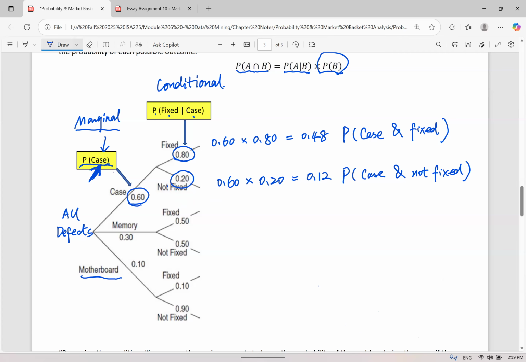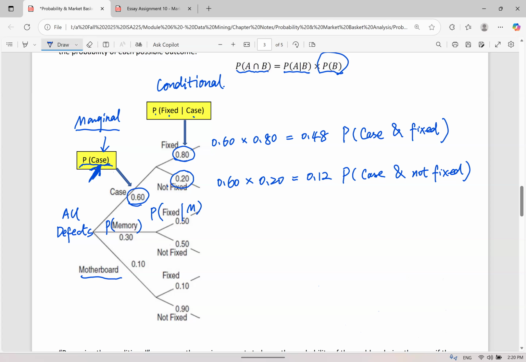Try it by ourselves. What about the other four? Here is the probability of a memory problem, and this is the probability that, given it is a memory problem, getting it fixed would be 50%.